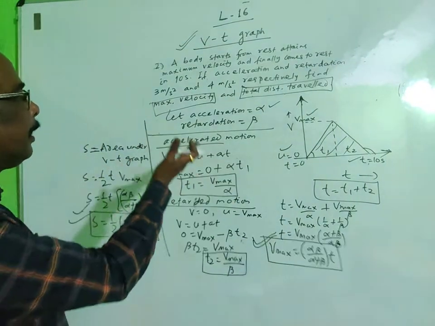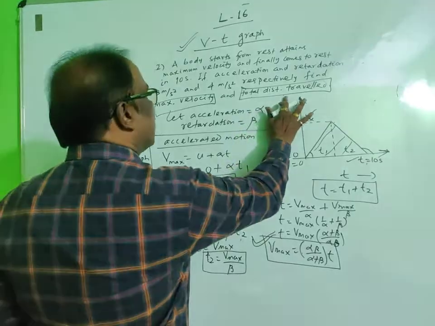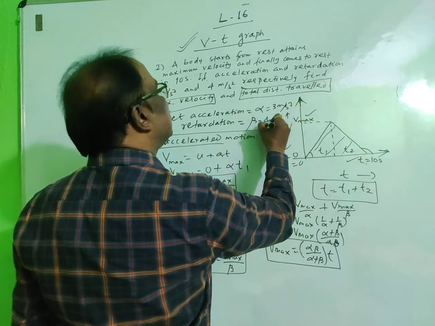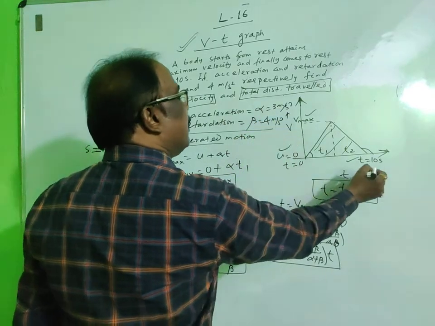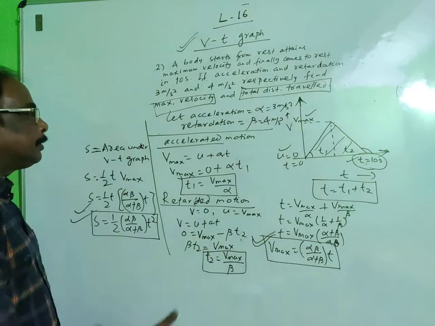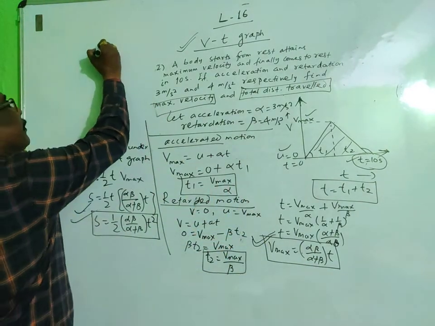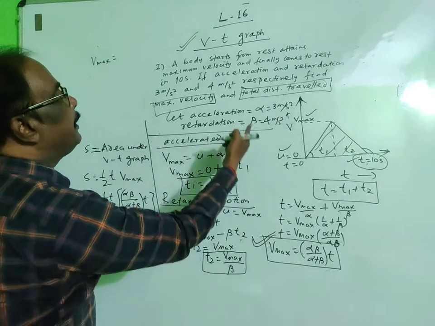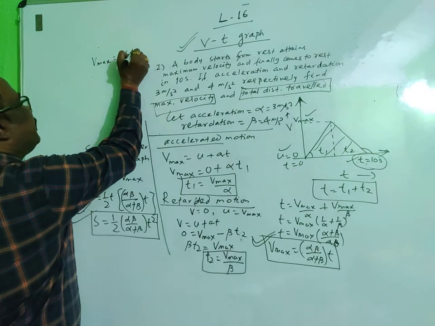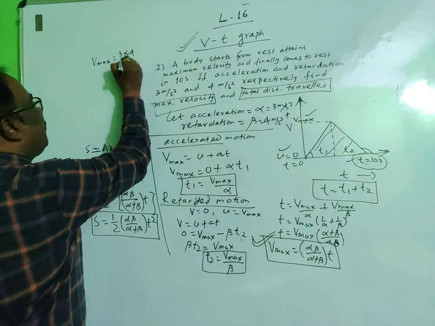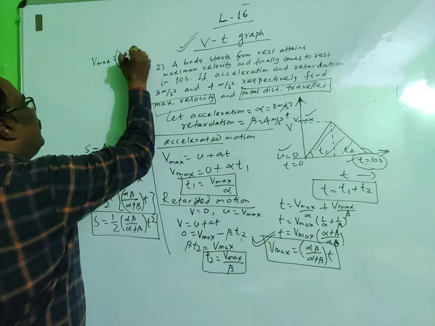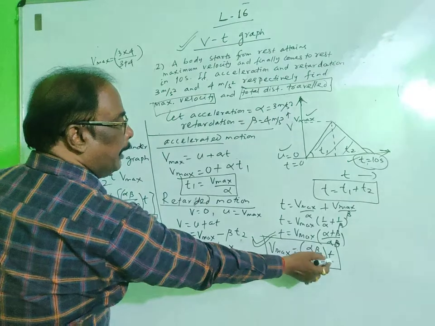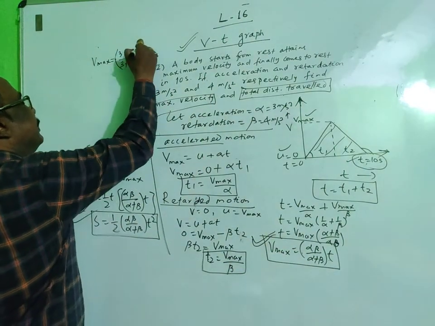By using the formula now you can calculate, because acceleration is given 3 meter per second square, retardation is given 4 meter per second square, and total time is 10 seconds. Just use the values. V max is alpha beta by alpha plus beta, alpha is 3, beta is 4, divided by alpha plus beta, 3 plus 4, whole into t, t is 10 seconds.